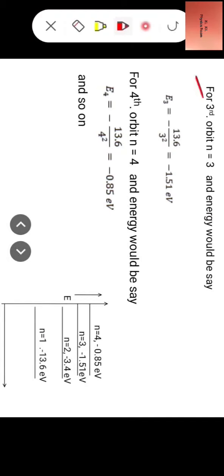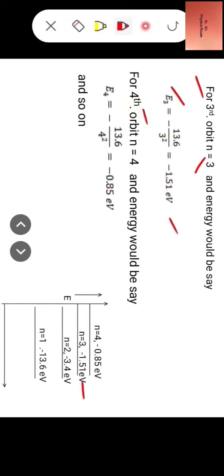Now for third orbit, N is equal to 3, and energy would be E3 is equal to minus 13.6 divided by 3 square, that is minus 13.6 divided by 9, and it is equal to minus 1.51 electron volt. And here for N equal to 3, energy is minus 1.51 electron volt. So it is third energy level.